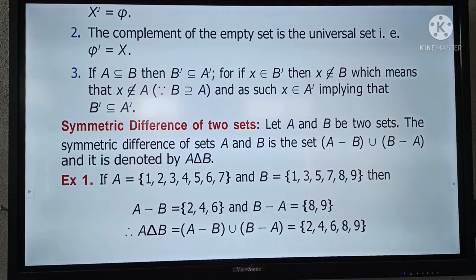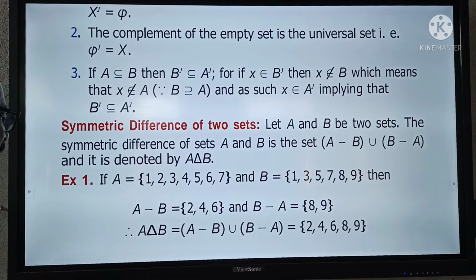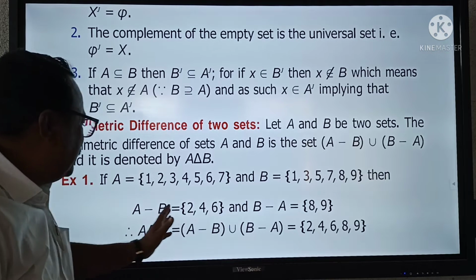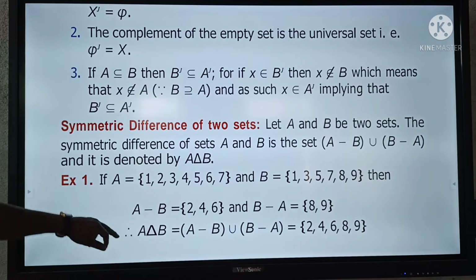Then A minus B is 2, 4, 6 only, and B minus A is 8, 9 only. So the symmetric difference is the union of A minus B and B minus A, which is 2, 4, 6, 8, 9.